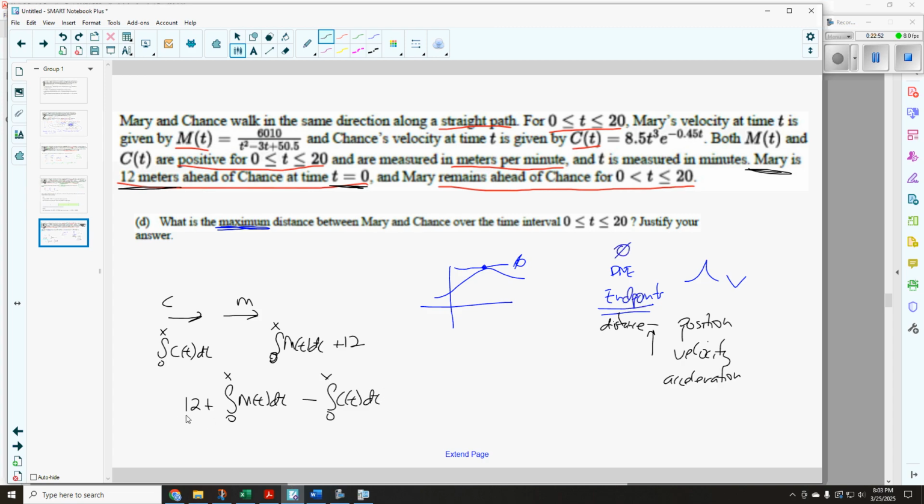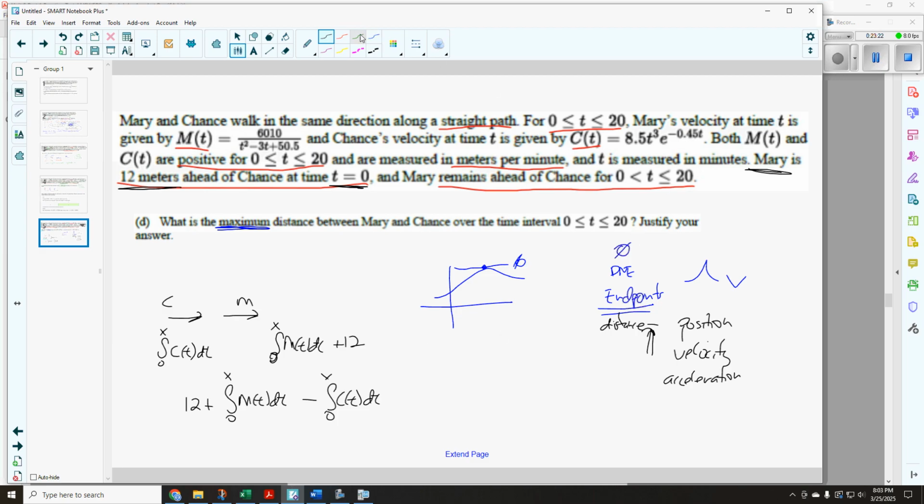Mary gets to start 12 meters ahead of Chance, and we're adding that to her distance from 0 to any particular time x, going up the ladder from velocity to position, and we're subtracting Chance's distance, which is from 0 to x, but not plus 12. So this represents the distance between them.